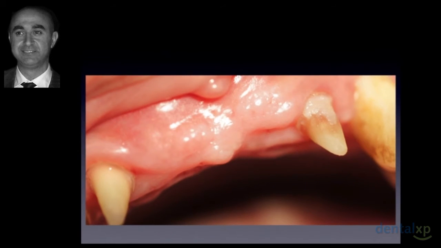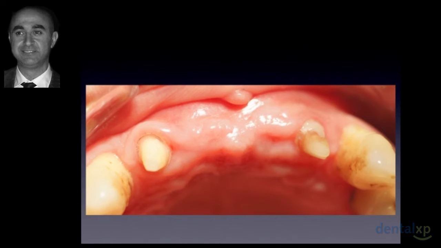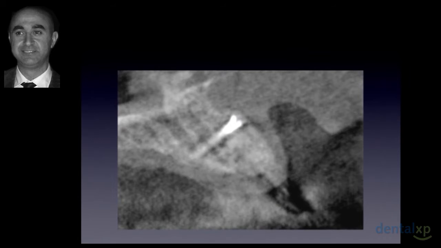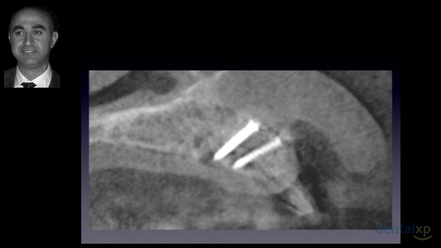After 6 months, still everything is fine. Occlusally, incisally, labially, everything is okay. And then from the cone beam CT, after 6 or 7 months, just checking the bone blocks in place with the fixation screws. This is the upper right part, if you remember, was the 2-point fixation screws.